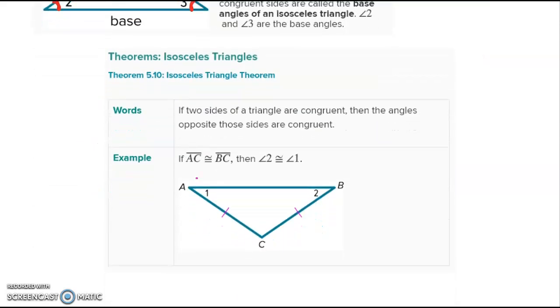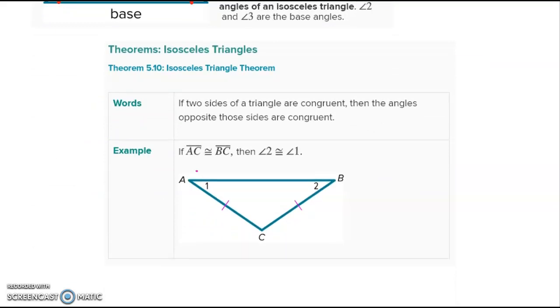This actually goes both ways with the theorems. If you know that two sides are congruent, whether you're given that or you prove it at some point, then you can say for sure those two angles are congruent.